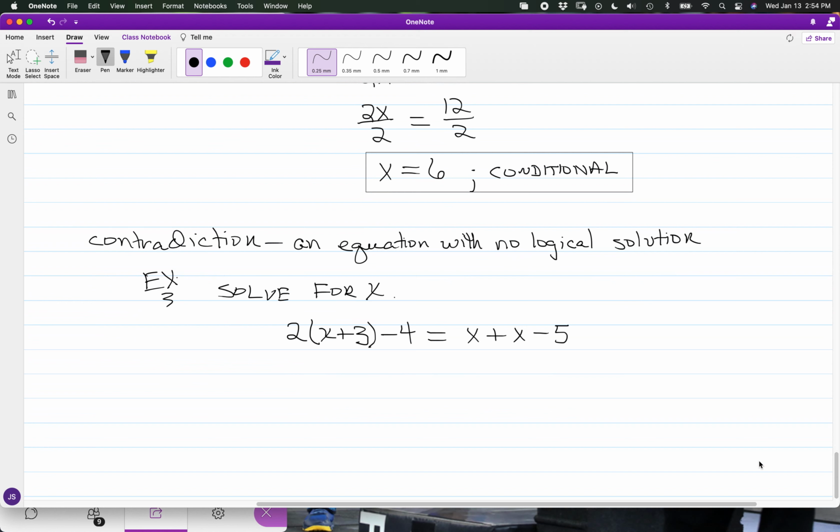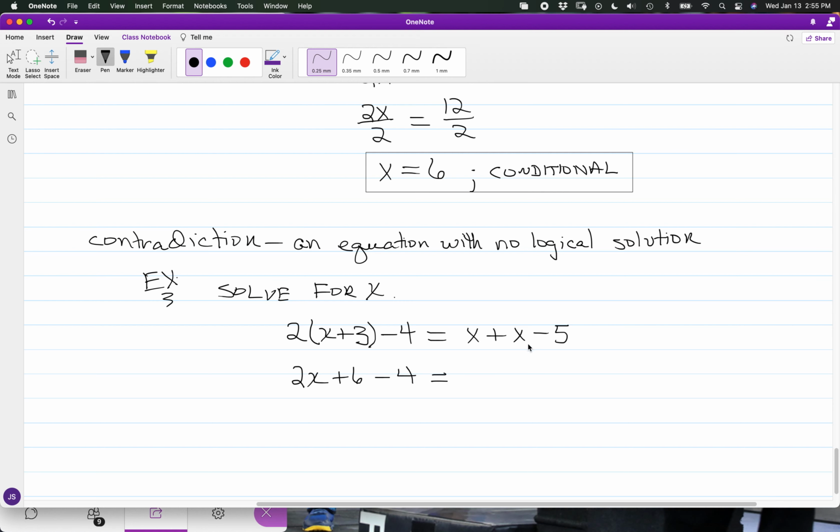So you're looking at the value or values of x where both sides of the equation will be equal. Now, if I take care of the parentheses on the left first, distributing 2 over the quantity of x plus 3, I'm going to have 2x plus 6, and we have minus 4.